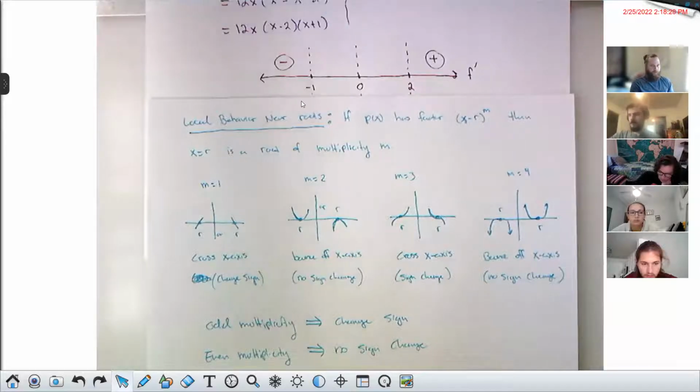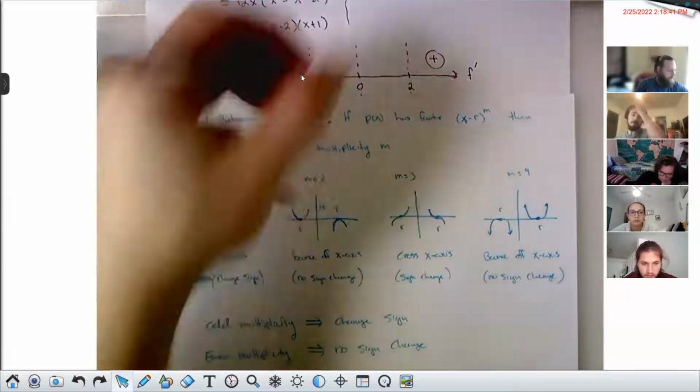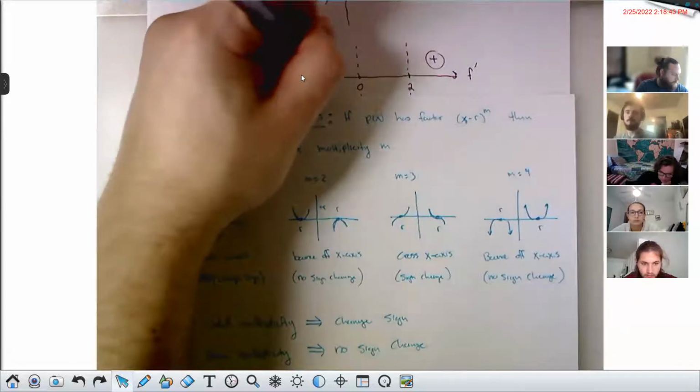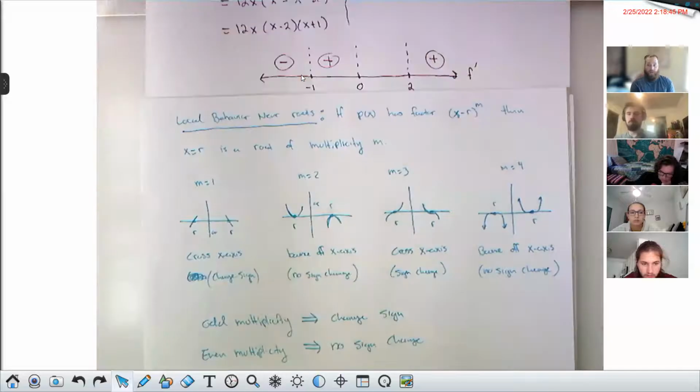So because that is a multiplicity 1 factor, I will either go from negative to positive or from positive to negative. In particular, I will change sign. So since I know from my end behavior I'm negative to the left of -1, I know from the multiplicity that I will change sign as I hop over -1. The multiplicity is 1.